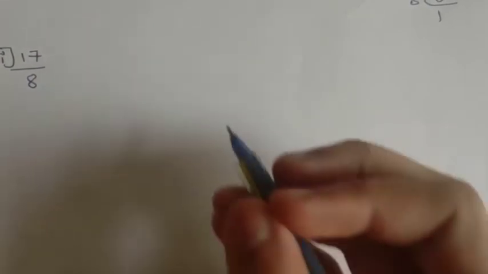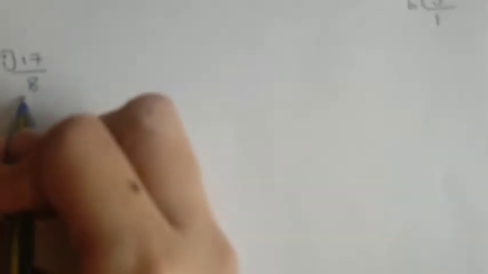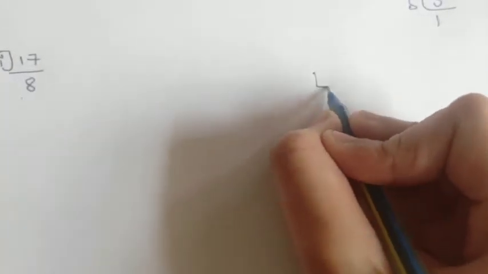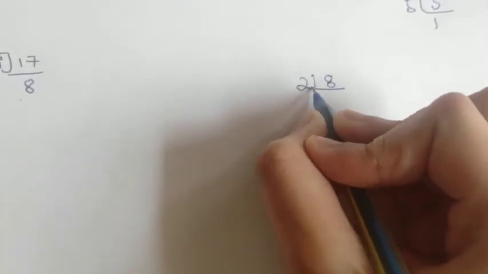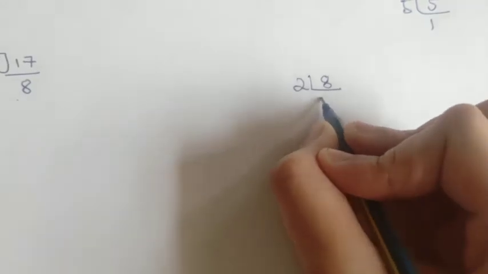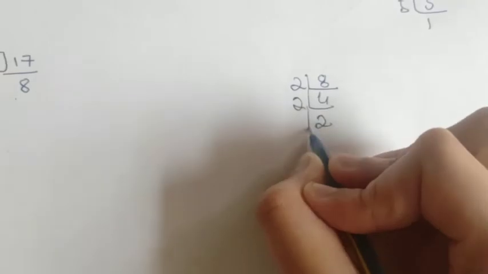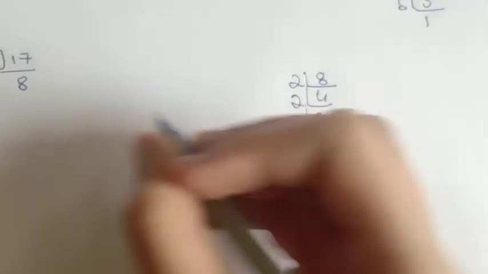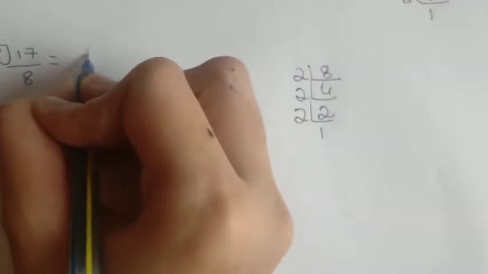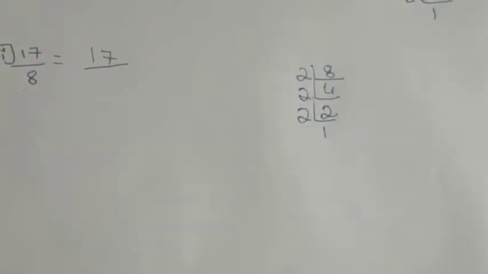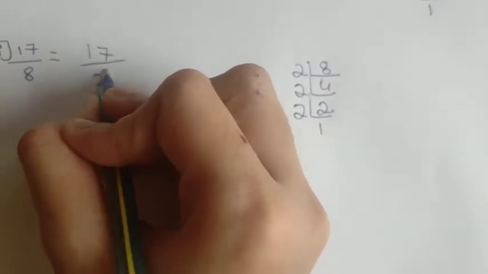Now the question number 2 is 17 by 8. This is in the form p by q. Now let's do the prime factorization of q, that is 8. Now 8 is divisible by 2, that is 4 and 2, and again 2 and 2 ones is 2. So this 8 can be written as 2 raised to 3.